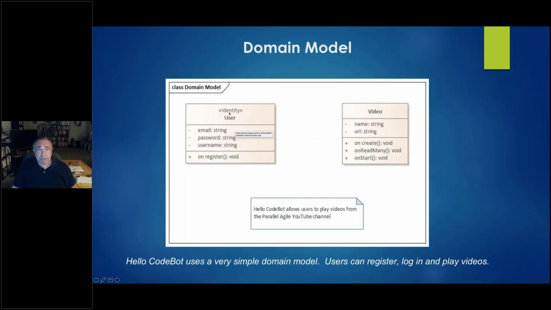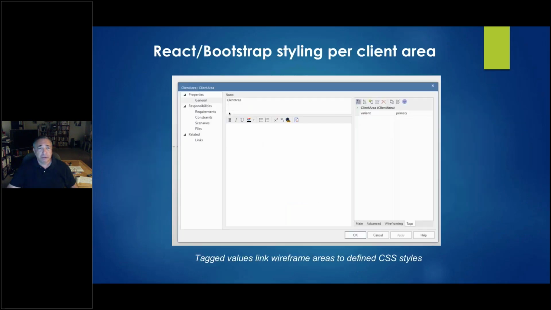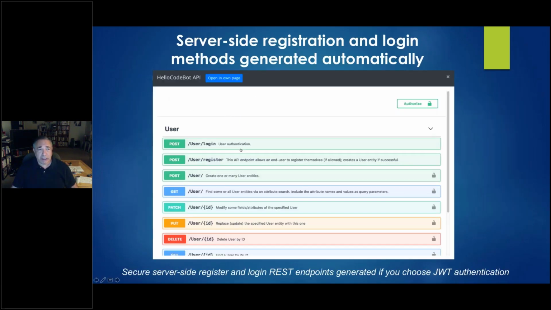This stereotype of identity tells CodeBot to automatically generate server-side register and login methods. So because user is my identity class, it will get register and login. Okay. And again, this enforces name uniqueness.